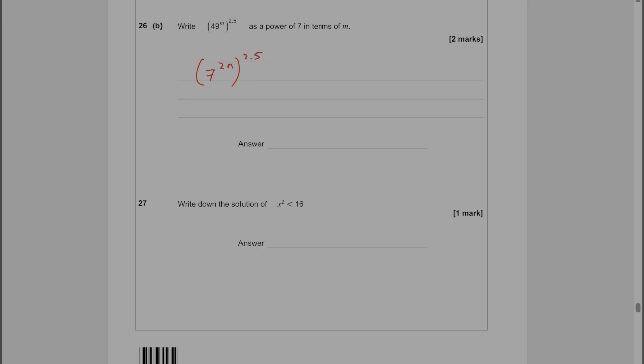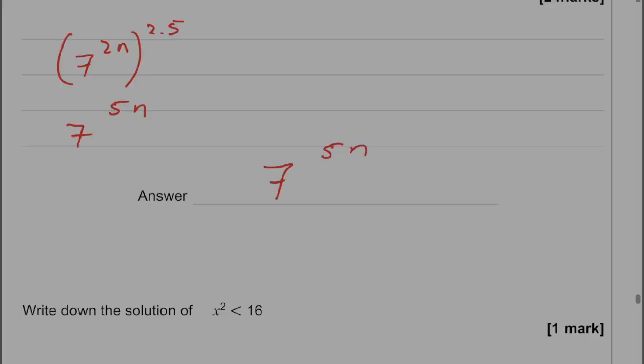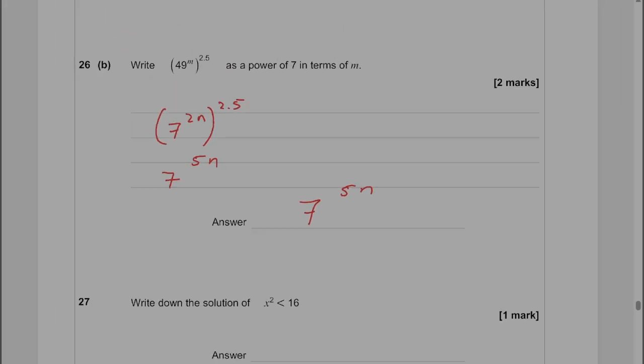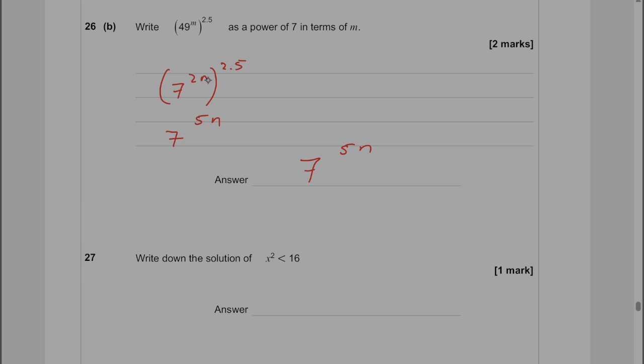So we multiply the powers, so that's going to become 7 to the power of 2 times by 2.5, which is 5, so 7 to the power of 5m. That should have been m, not n. So let's just change that to an m.